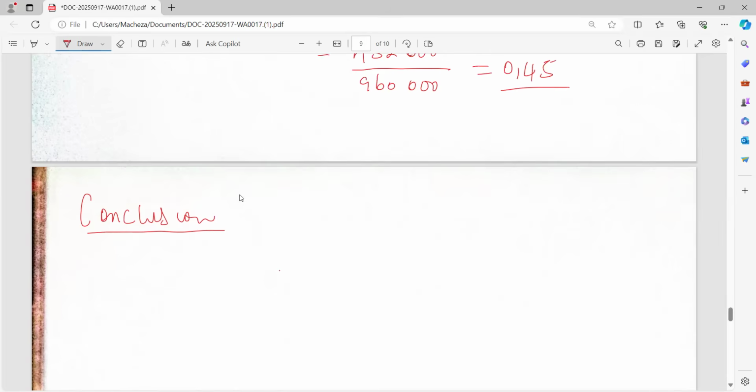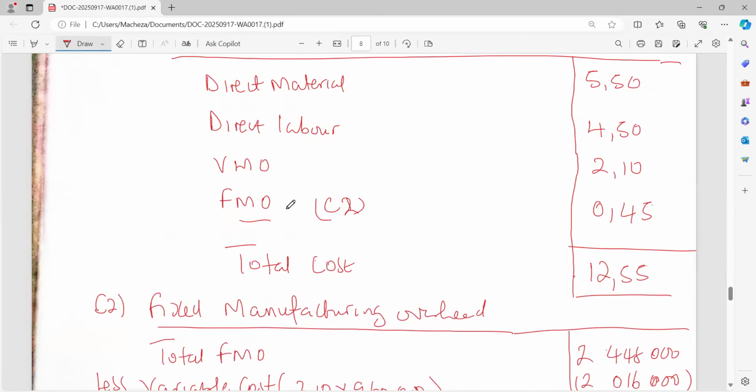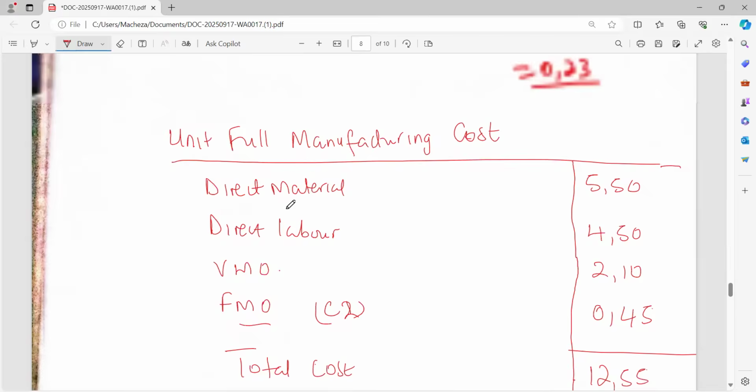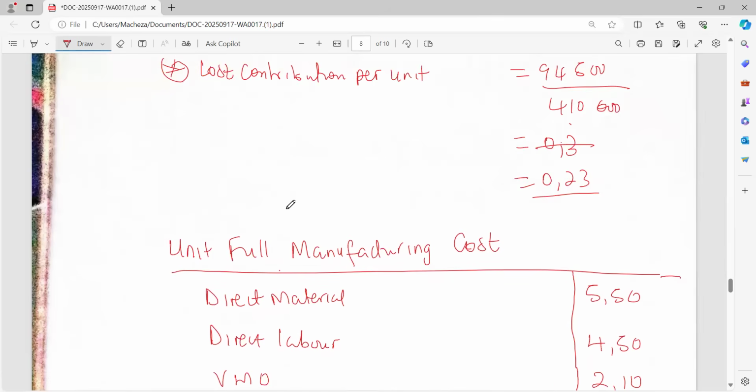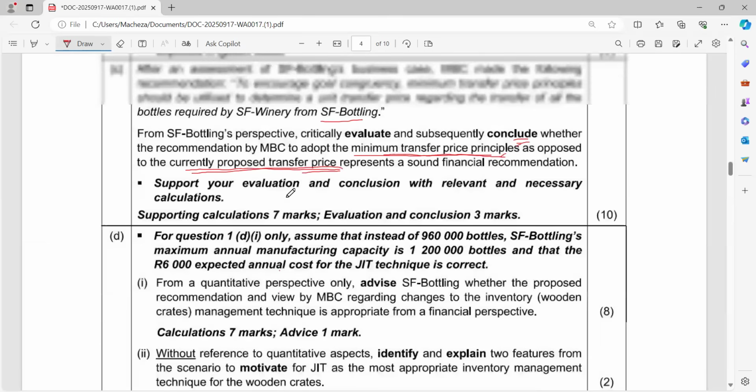I'm still trying to look at something here. SF Bottling, I think. Let's go to the question. I want us to make a right conclusion here. Let's go to the transactional question, SF primary. Let's go to the scenario.